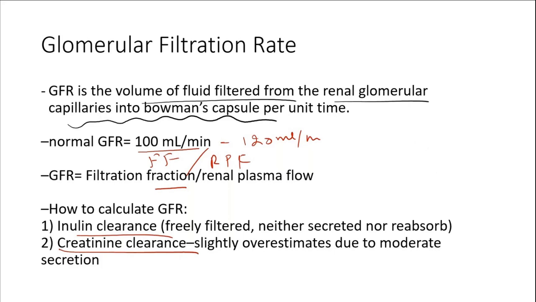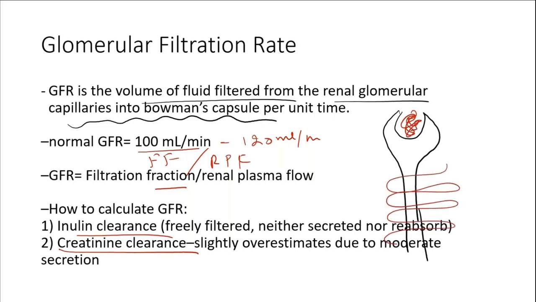That's why we were discussing the concept we discussed earlier about filtration, reabsorption, secretion, and excretion. So we have our tubules, and then we have glomerulus, and then we have peritubular capillaries.